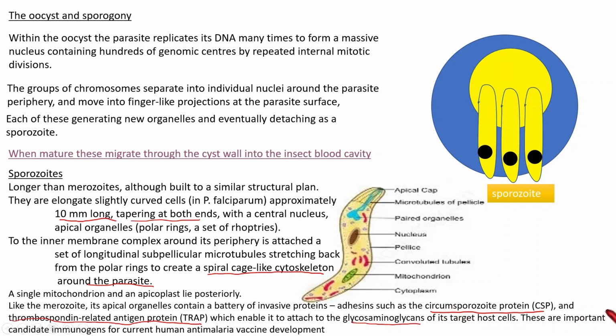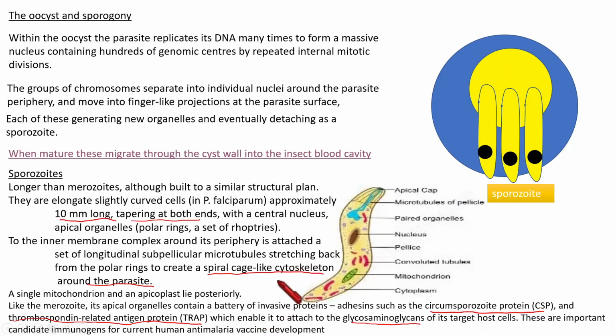And these adhesion proteins are now considered important immunogen candidates to develop vaccines against malaria. Okay, clear? That's about the details of the life cycle of the Plasmodium.